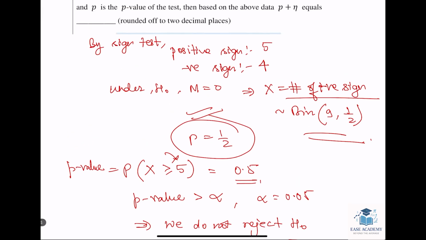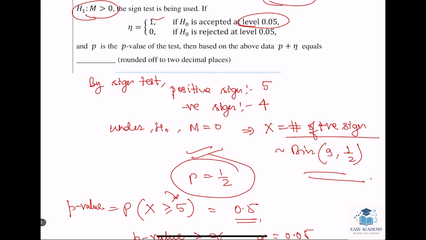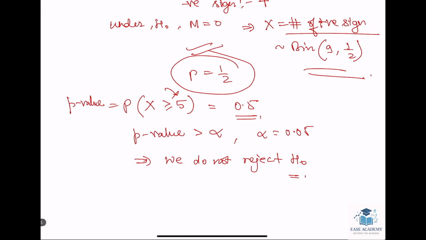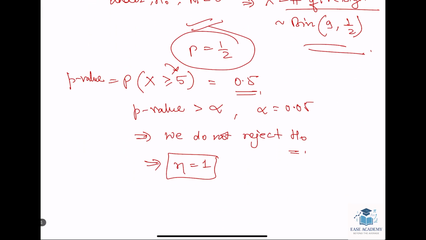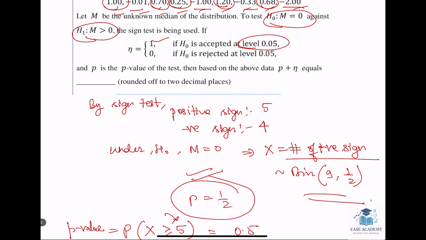In that case eta will be 1. And we need the value of p plus eta, where p is the p-value 0.5, plus 1, that is 1.50. That is the answer.